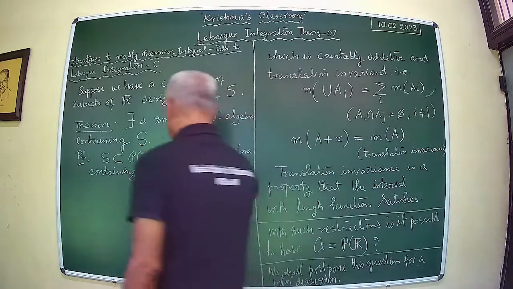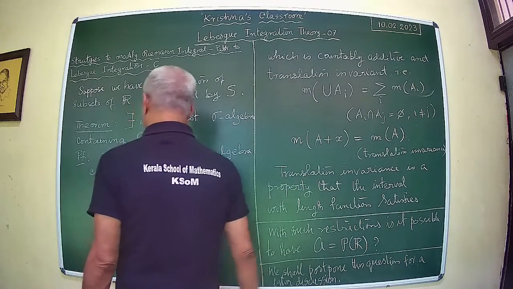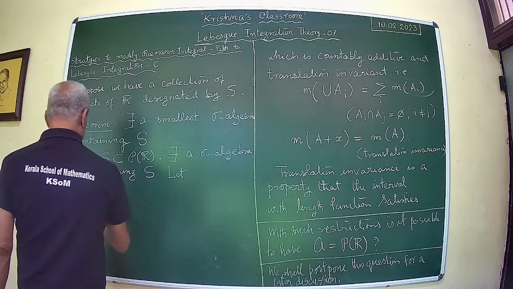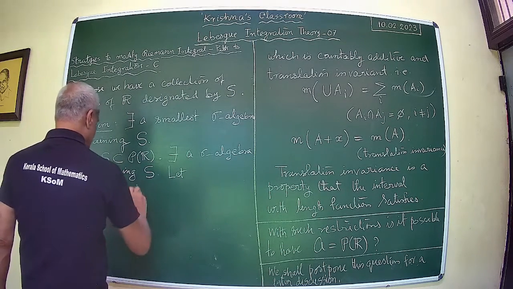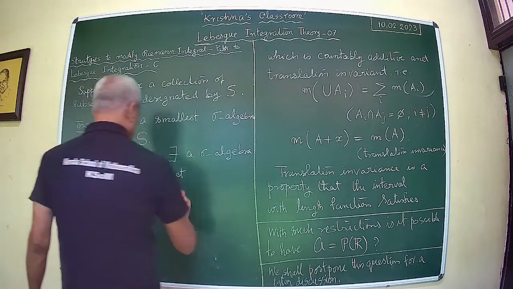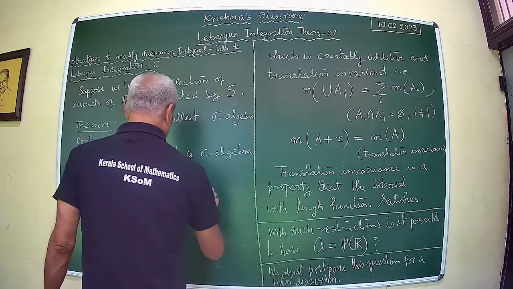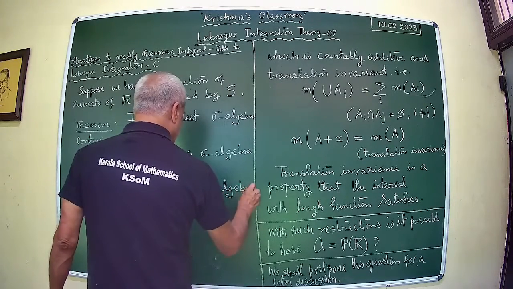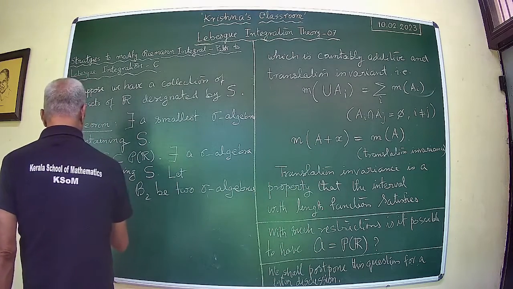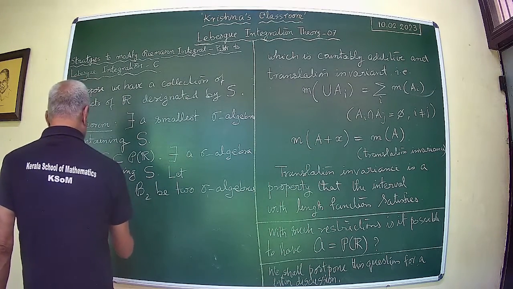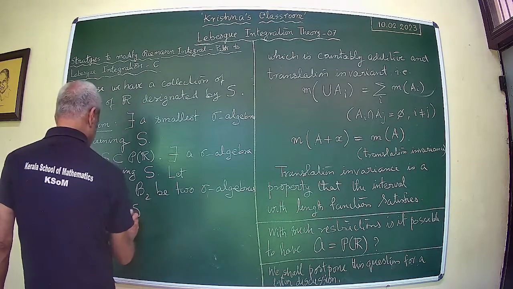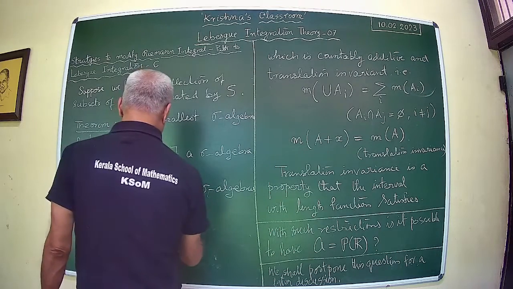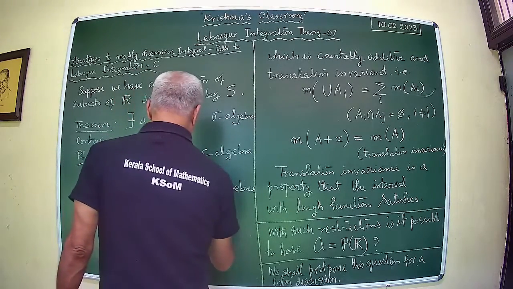Let B1 and B2 be two sigma algebras containing S. That is, S is contained in B1 and S is contained in B2.